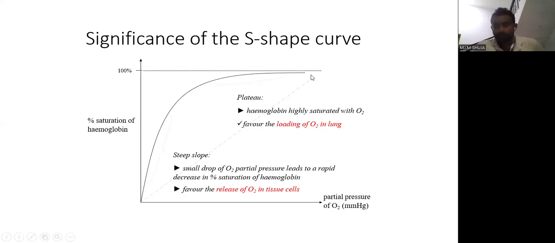So here, at this plateau phase, the hemoglobin is saturated with oxygen. When the tense state changes into the relaxed state, what will happen? It will favor further loading of oxygen. Here, on the drop, what will happen? When there is a drop, the oxygen is given to the cell.